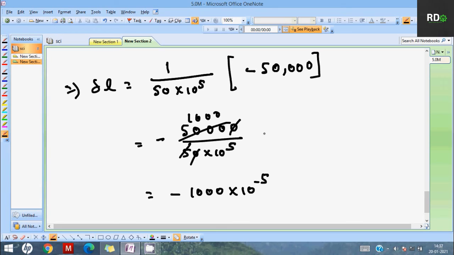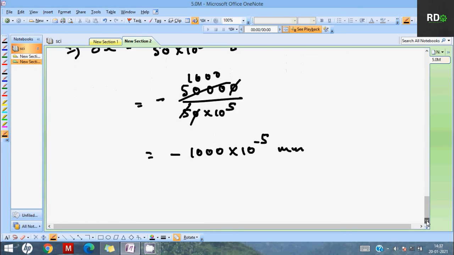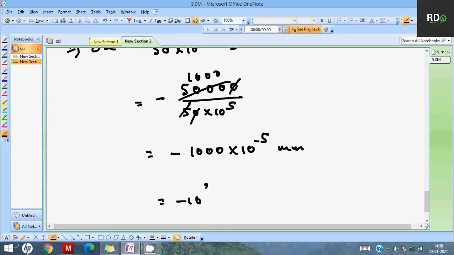Please mind that since all are in mm, the answer is in mm. So your value is minus 10 cube into 10 to the power minus 5 mm.